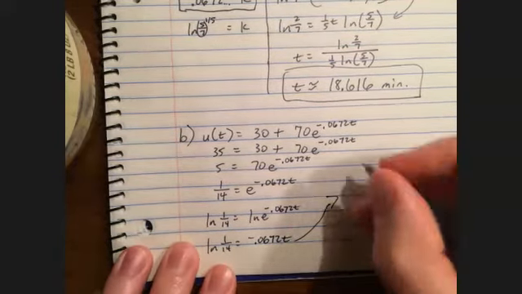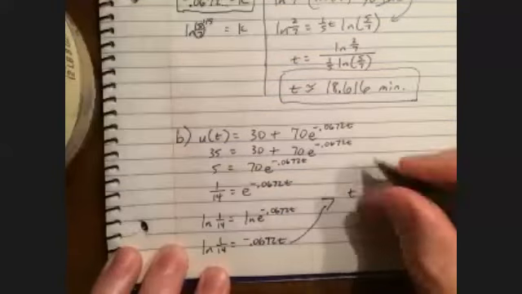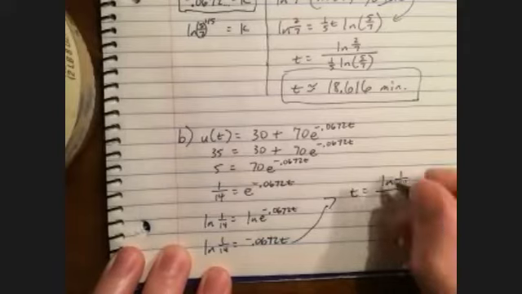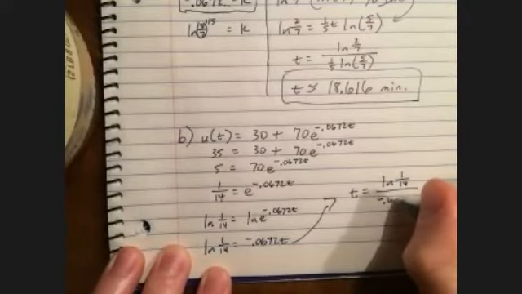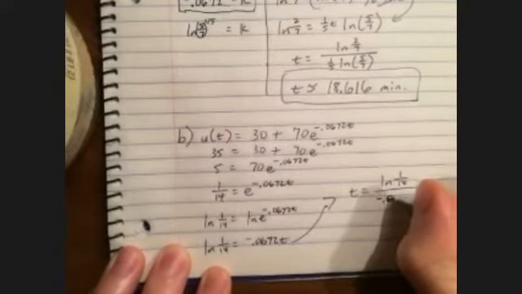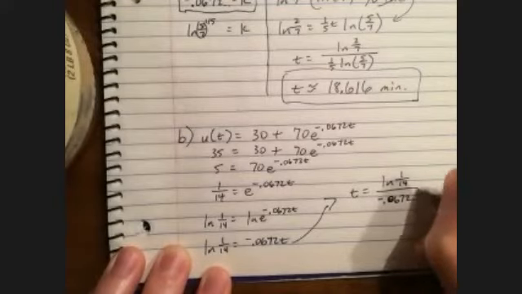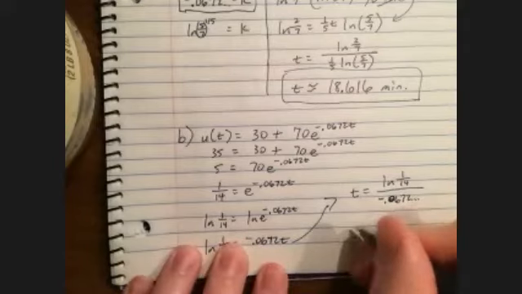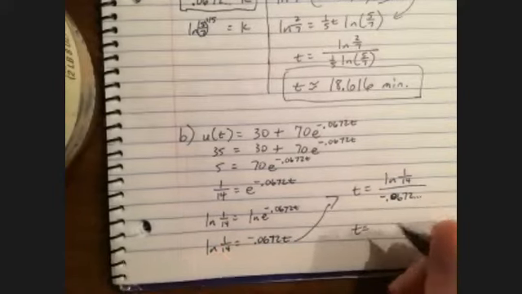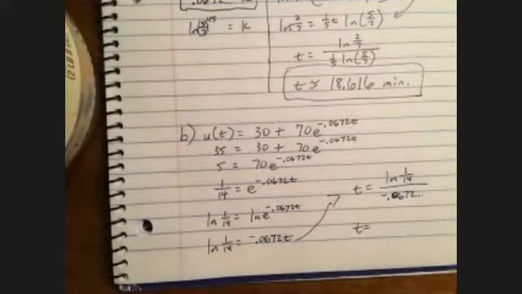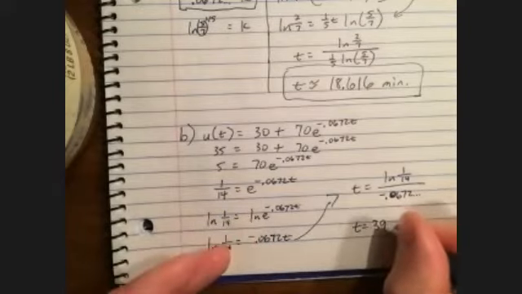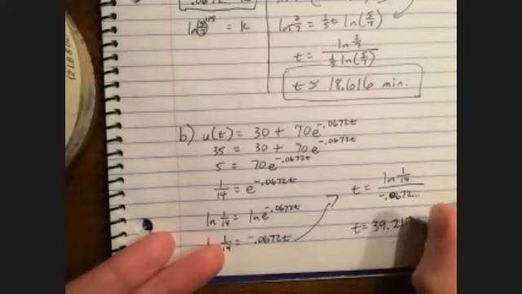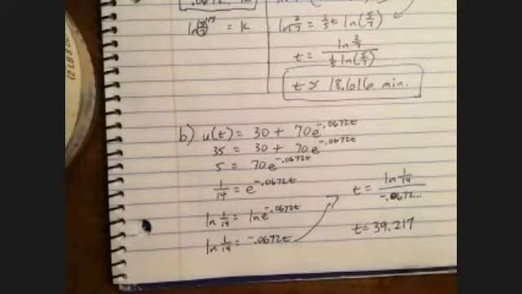So I'm going to write it up here. Our t value is ln of 1/14 over negative 0.0672, that value that you have stored. And you should get, let's see, what did I get here? 39.217.